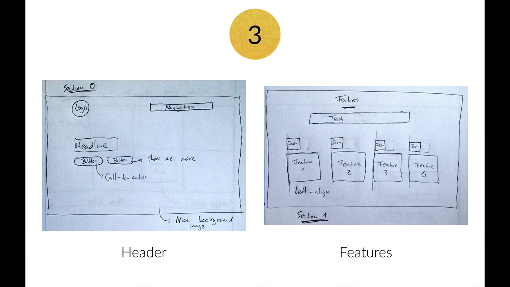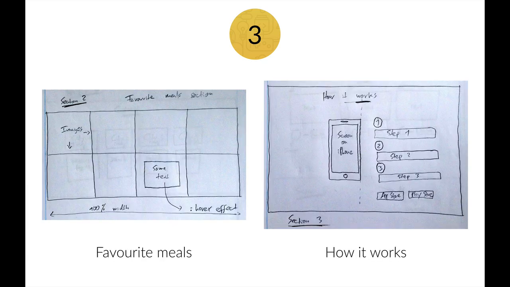The next step is to get inspired and sketch some ideas. Here is what I did for our project. So I will show you some sketches for the 9 different sections of the website, starting with the header and the features section. You can clearly see that I'm really bad at drawing and sketching, but I try my best because this step is really important.